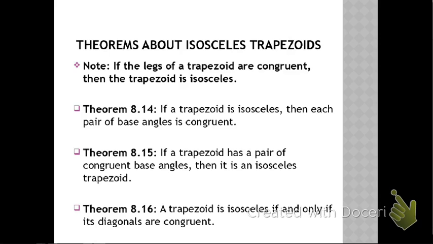A trapezoid is isosceles if and only if the diagonals are congruent. So all of these are just about isosceles trapezoids, not any old trapezoid, only isosceles ones. Okay, pause if you need to take more time to write these down.